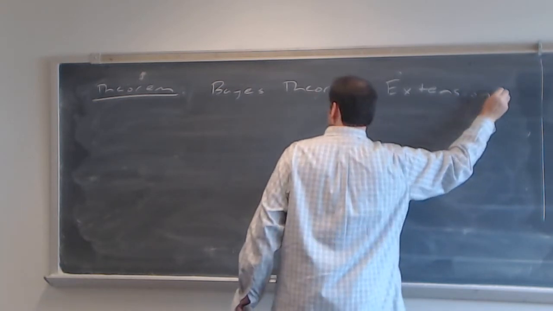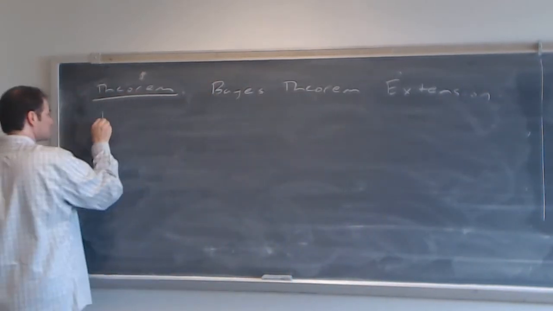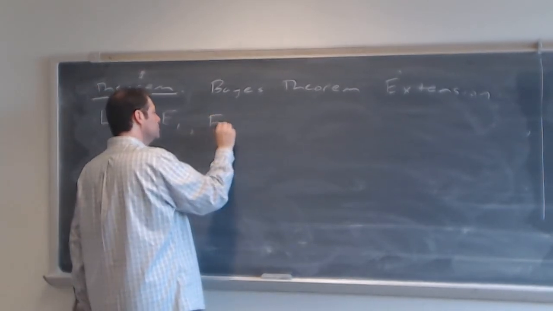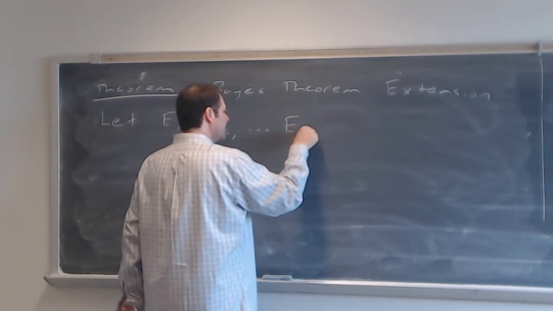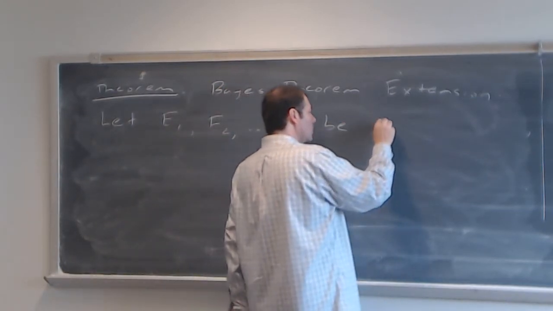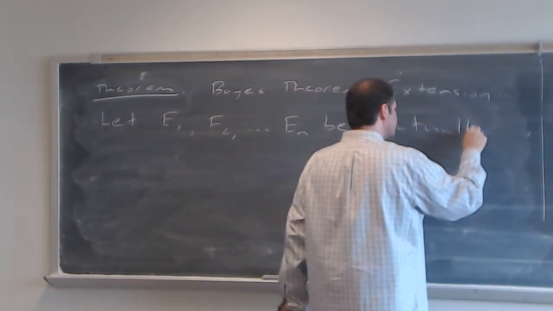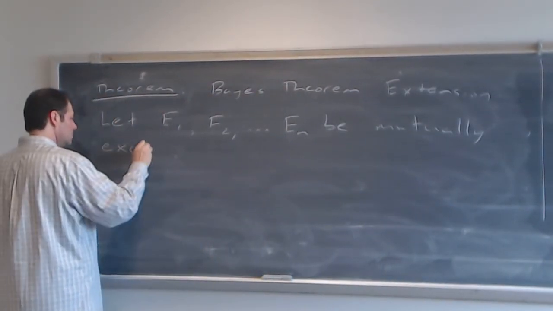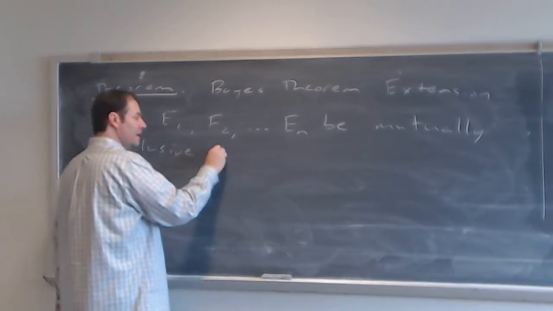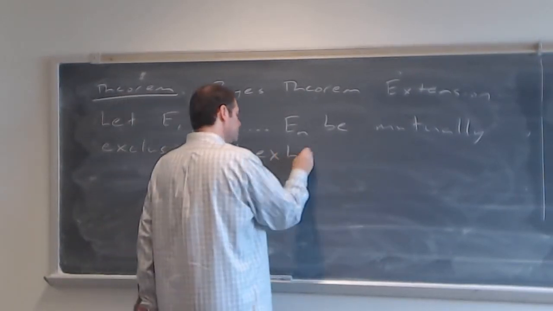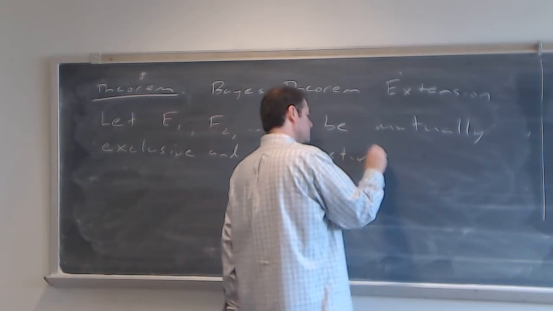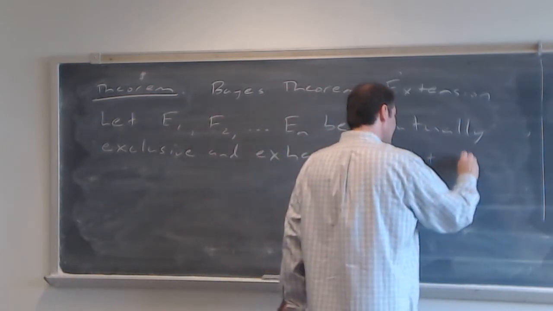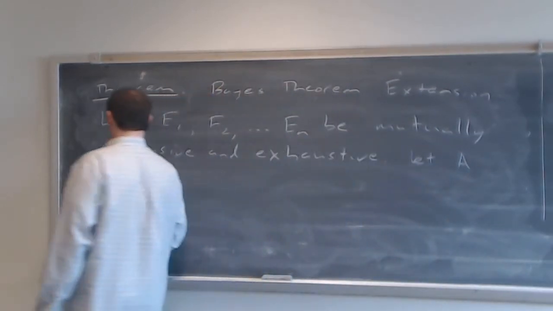Here's what it says. It says, let E1, E2, all the way to En be mutually exclusive and exhaustive. Let A be an event.